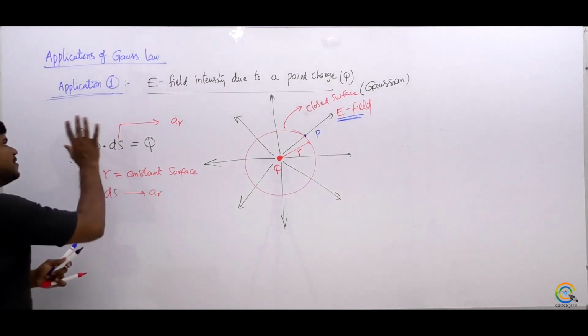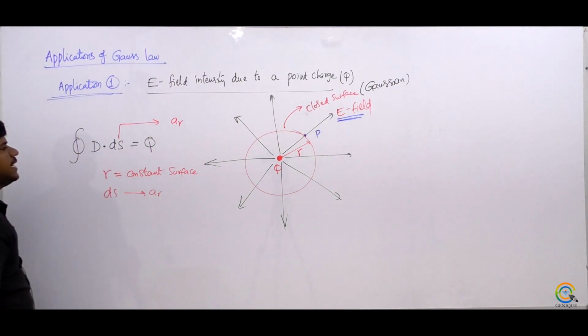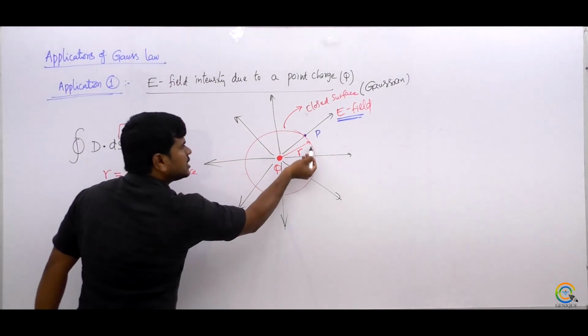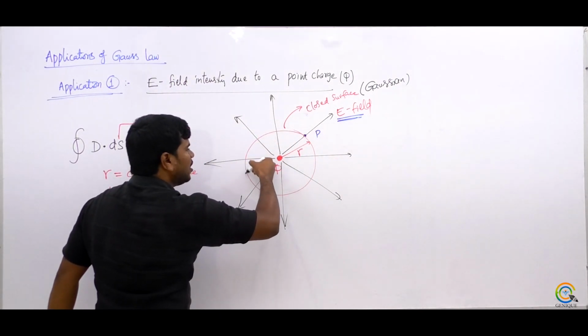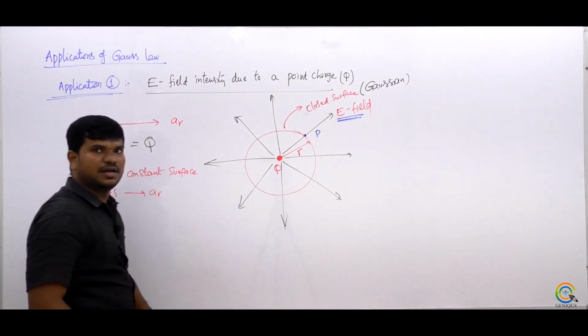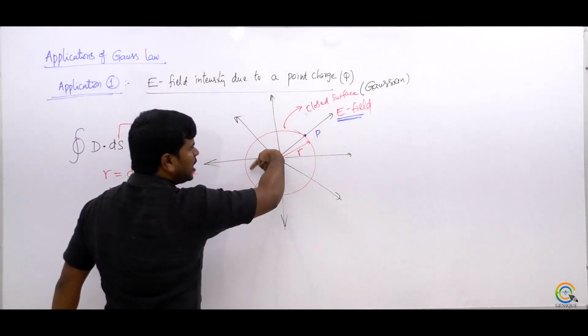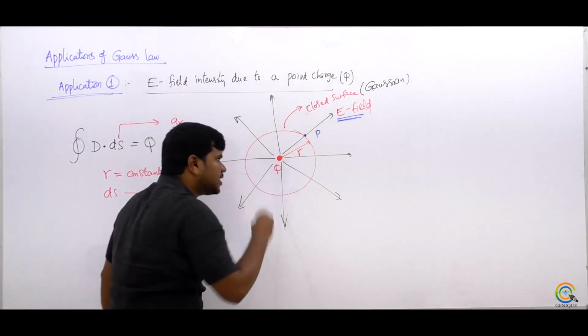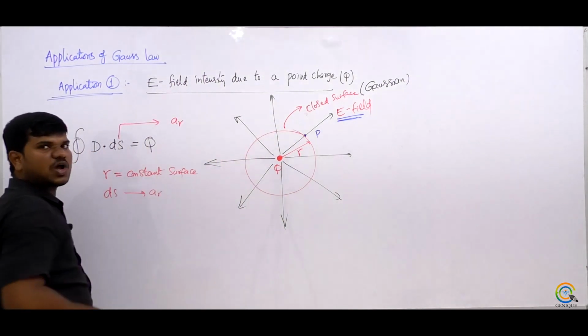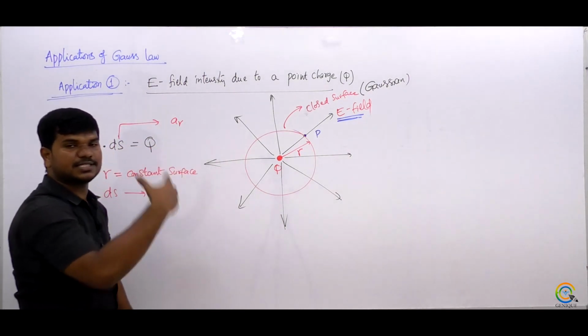Now observe this. This is the closed integral of D dot dS. On this sphere of radius r you will find the same strength, because all these points are equidistant from the source charge. So that is why D is constant everywhere on the sphere we have considered.